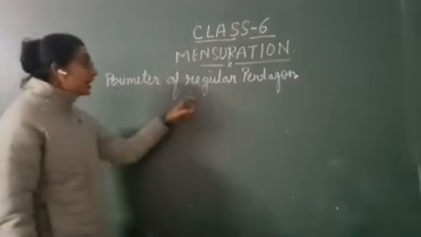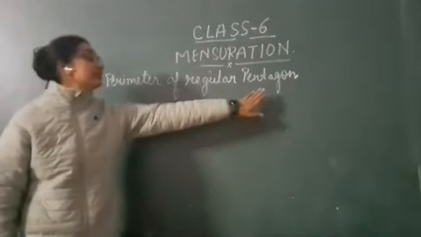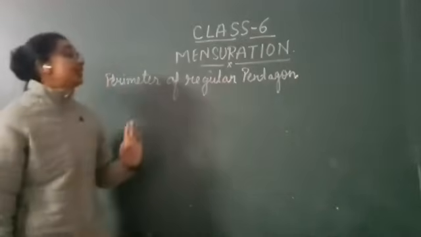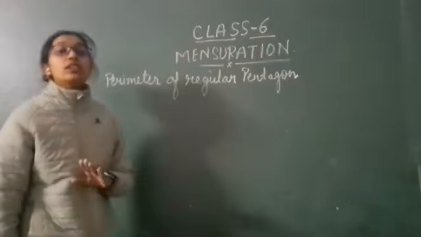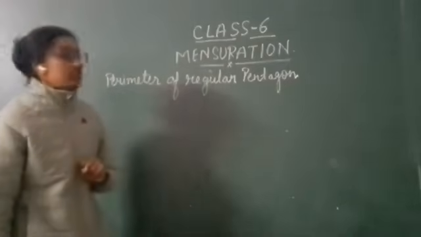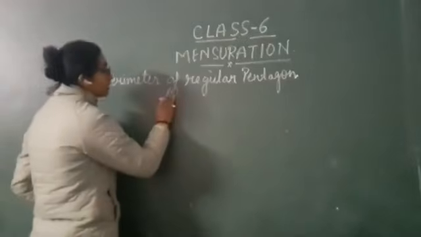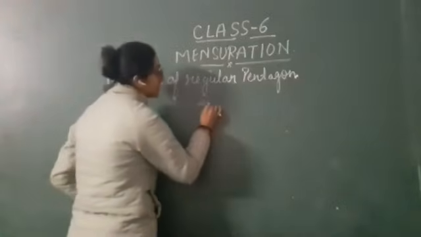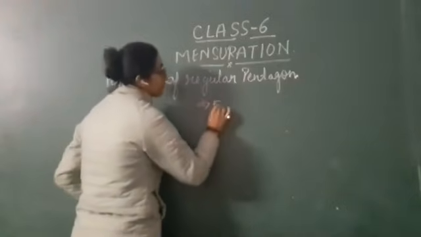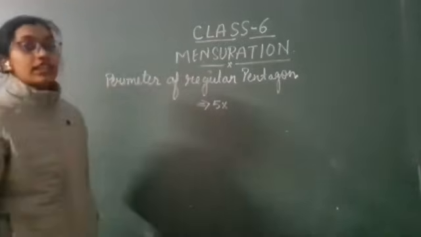If the word regular is added to the word pentagon, then we can say that the pentagon has all sides equal. So for the perimeter of this regular pentagon, how many sides are equal? 5, and we have to multiply with the length of its side.